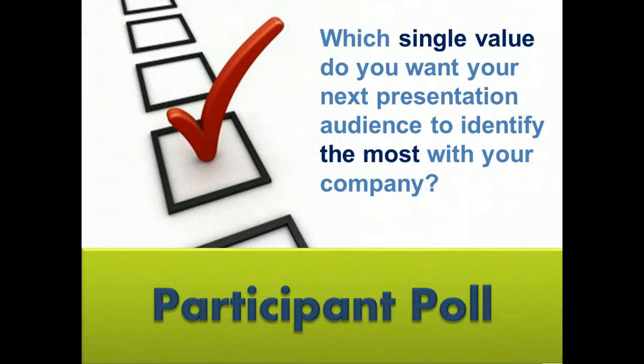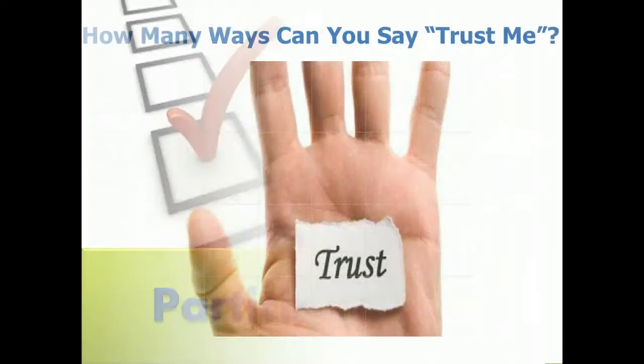Now, at this point in our webinar, we wanted to ask people what single value they wanted their audience, their clients, their potential candidates to identify most strongly with. We put up a list that had things like honesty, reliability, efficiency, and trustworthiness. And every single time I do this, it pretty much is trustworthiness that people want, the single biggest value that people want to communicate.